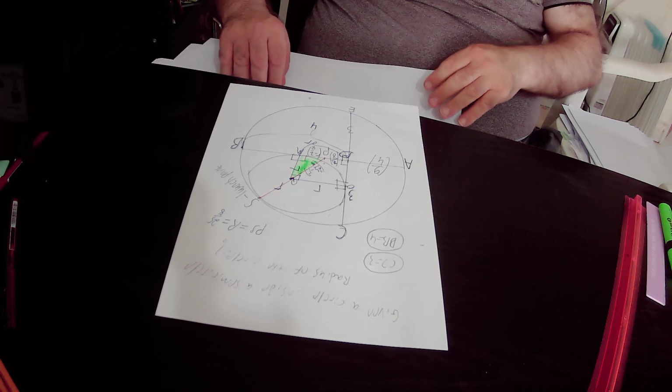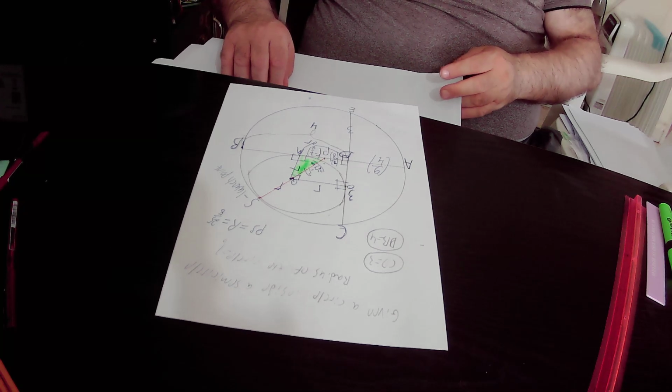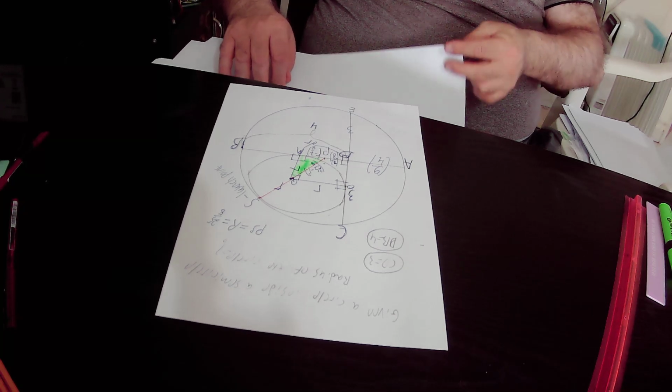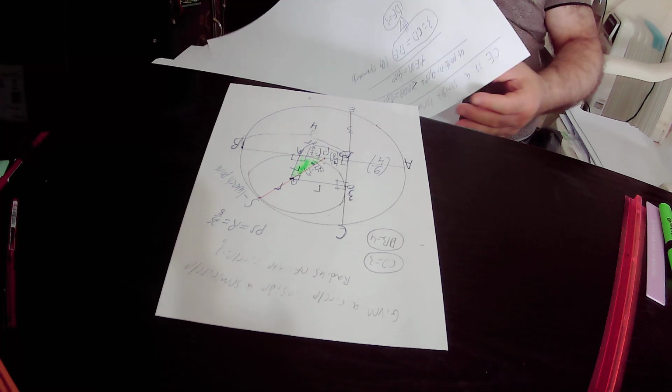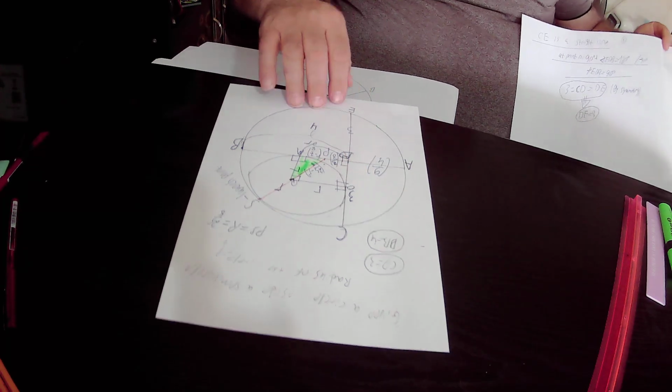That is to say, CE must be a straight line. When you extend a straight line by a straight line, the result must be a straight line. That is to say, CE is a straight line.